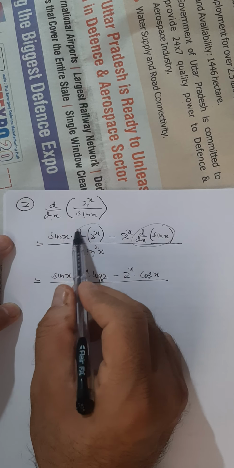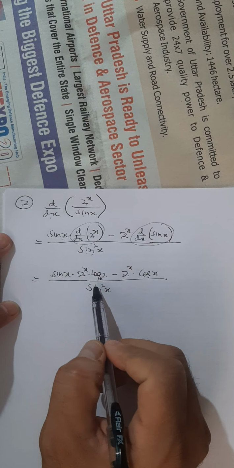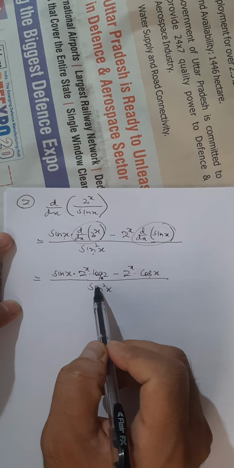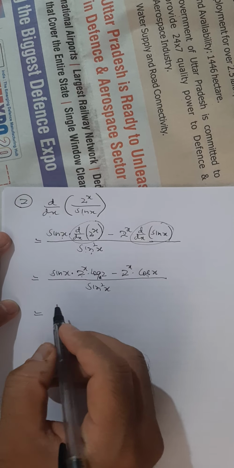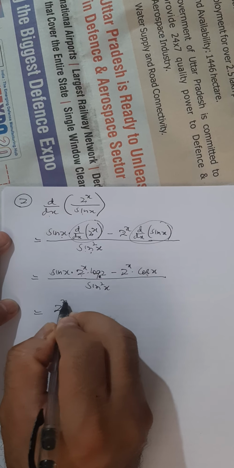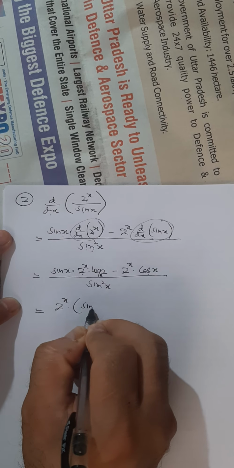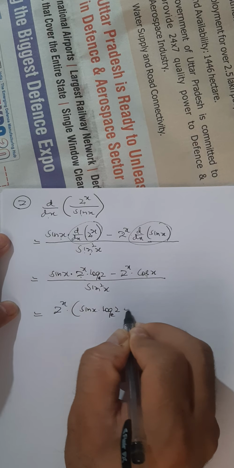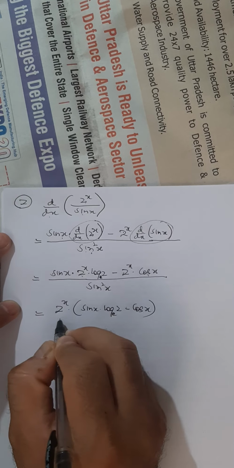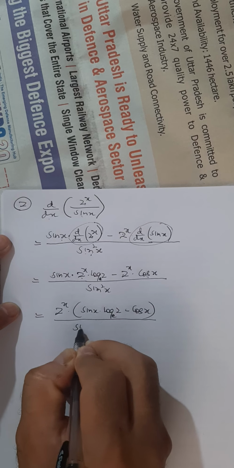Here sine x as it is. You are going to differentiate 2 raised to x. What is derivative of 2 raised to x? That is 2 raised to x into log 2. So differentiation is over here. If you want, you can take just 2 raised to x common. So 2 raised to x (sine x into log 2 to the base e minus cosine x) upon sine square. This is the derivative.